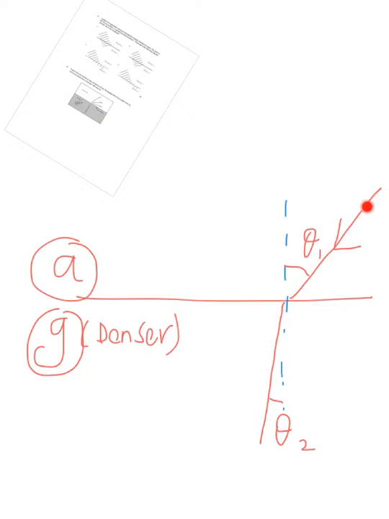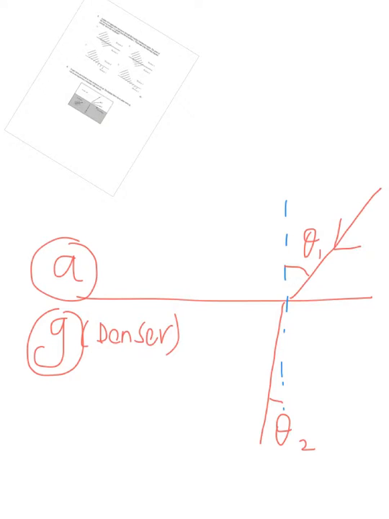If you're going into dense material, it bends towards the normal, and if it's the other way round, and you have an incident ray coming out, it bends away. Okay, so going into dense, towards; going out of dense material, it bends away from the normal.